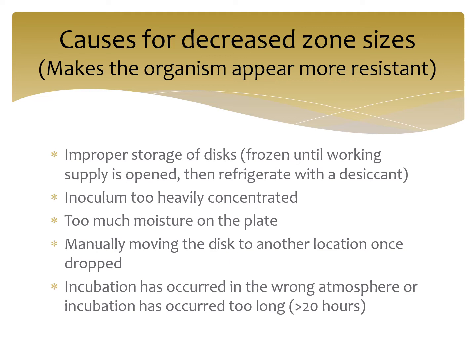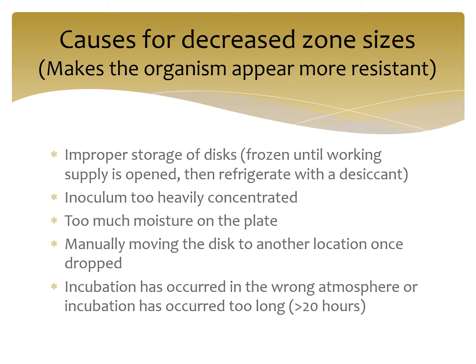A small zone would make the antibiotic appear to be more resistant because the organism creeps up near the antibiotic. If you have the improper storage of discs, that can actually decrease your zone size. These discs should be frozen until we're ready to use our working discs, and those would be refrigerated with the desiccant. If you have your inoculum too heavy, that can make your bug appear to be more resistant.